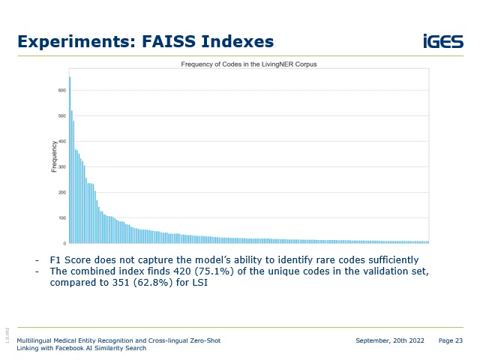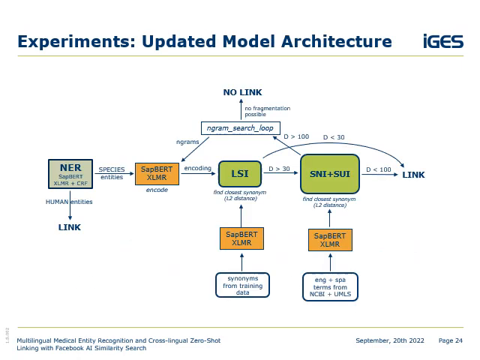So if we measure how many unique codes were identified at least once, we can see a big increase with the combined index. The small index identifies about 63% of codes, while the combined index identifies over 75% of unique codes. And here we can see our updated model architecture for the two-index approach.